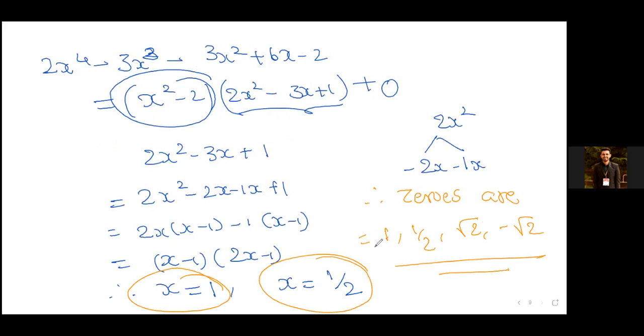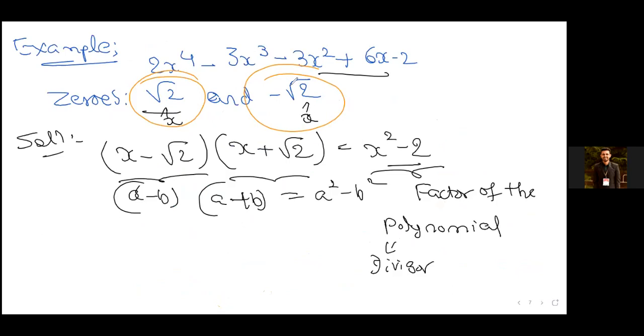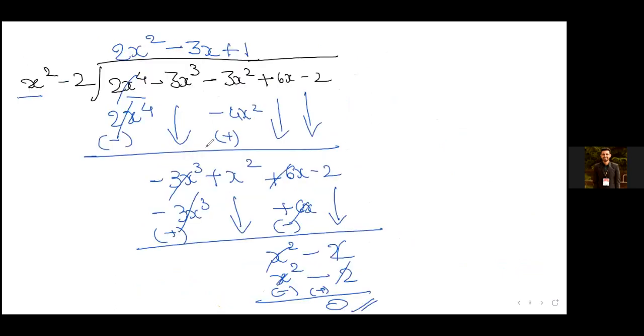This is how we find out the zeros of a polynomial. For that, first we need to obtain the factor or divisor using these zeros. Then using that divisor, we need to divide the dividend.